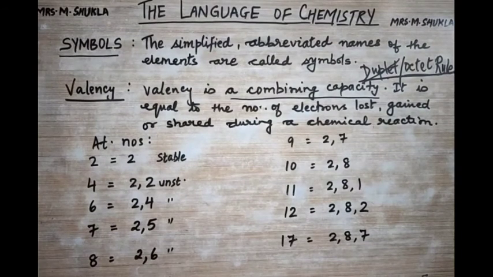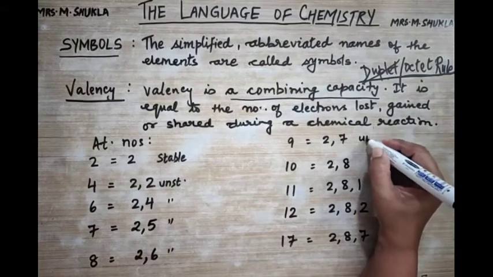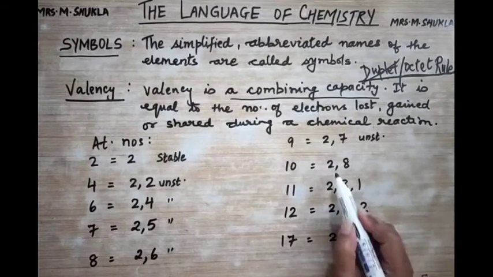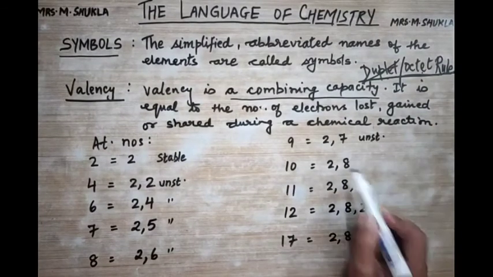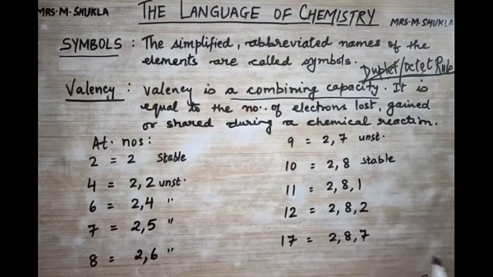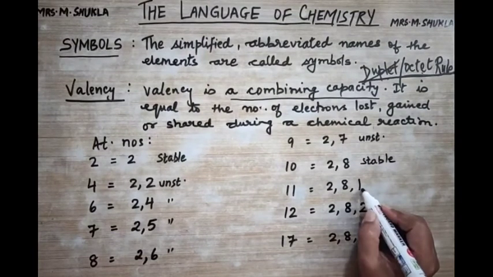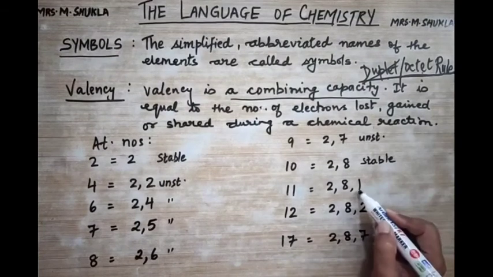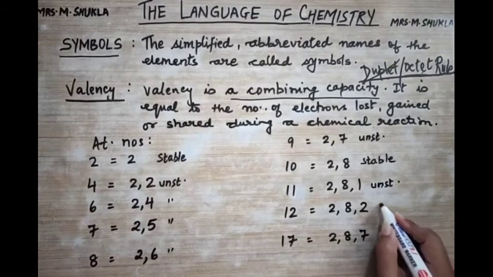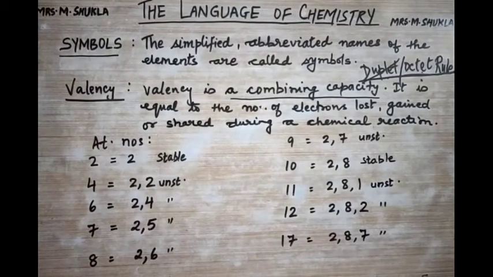Unstable. 2, 7. This is also unstable. 2, 8. Duplet rule: 2. Octet rule: 8. That means this is stable. Again 2, 8, 1. Outermost shell does not have 8 electrons. Then this becomes unstable. This is again unstable and unstable.